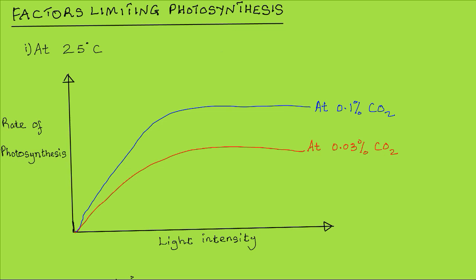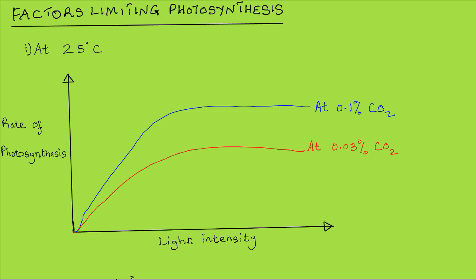That is the optimum light intensity. Now, at 0.03% carbon dioxide, the fastest rate of photosynthesis is attained at that point.